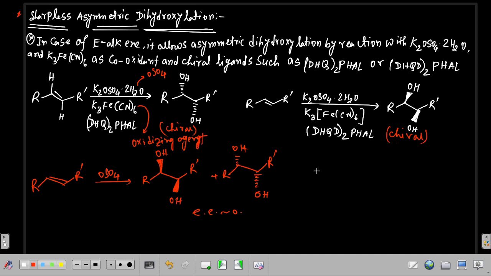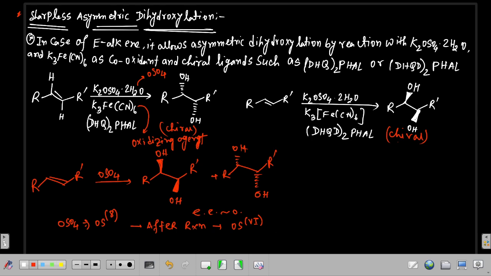So here potassium ferricyanide will oxidize the OsO4 after reactions. Os(VIII) after reactions is converted to Os(VI).